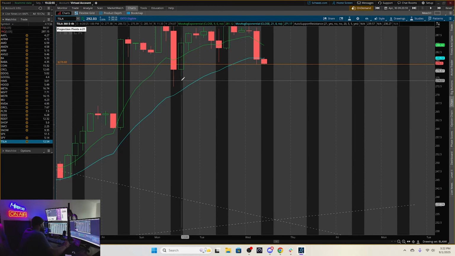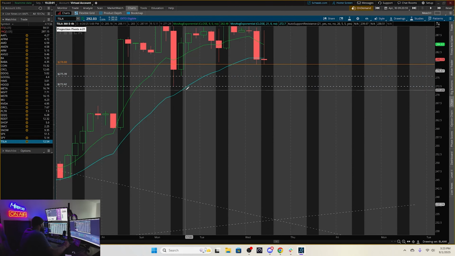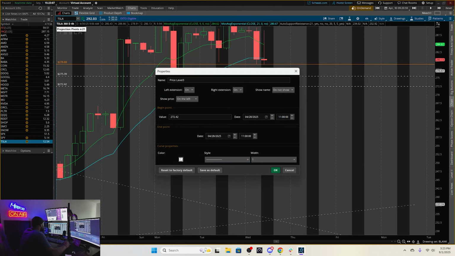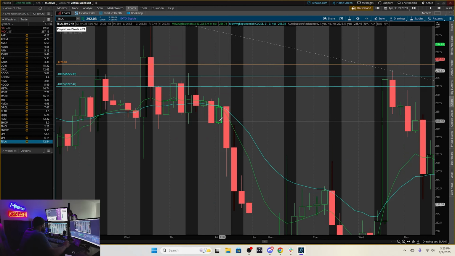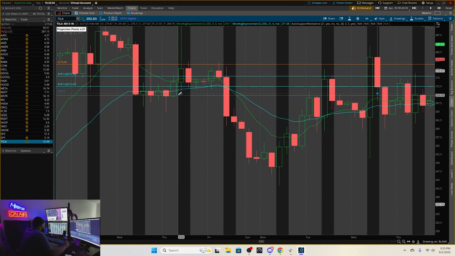First level of support. First two levels of supports. 270.30.